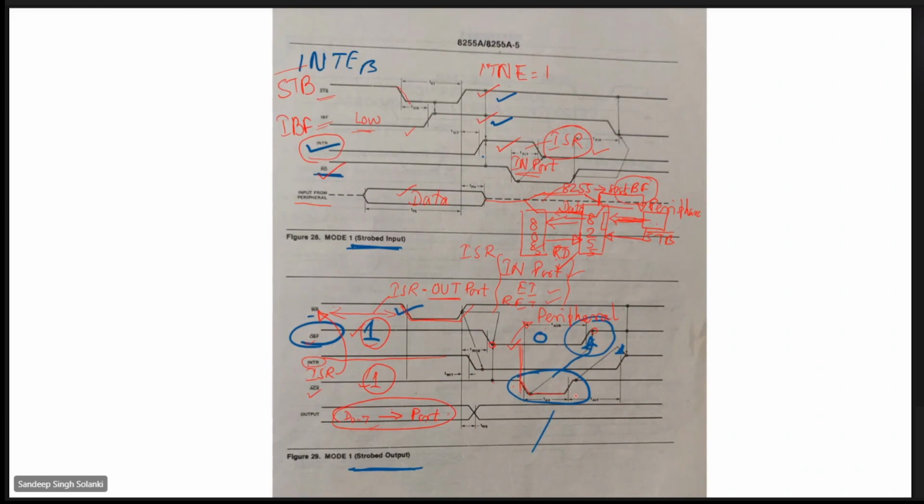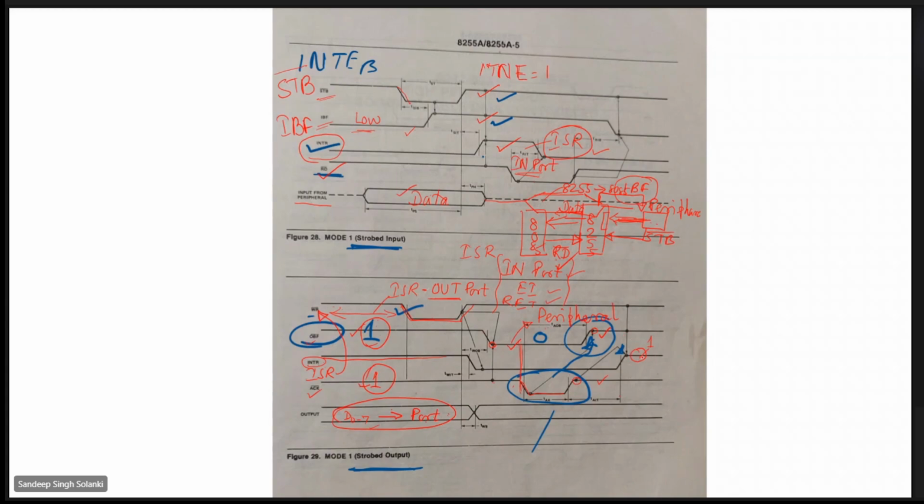And this OBF goes high. Also you can see that this acknowledge is high, because once the data transferring is over, acknowledge also becomes high. Once this is high, you can expect the next INTR. The next INTR is generated, and that is this. Here it is 1.